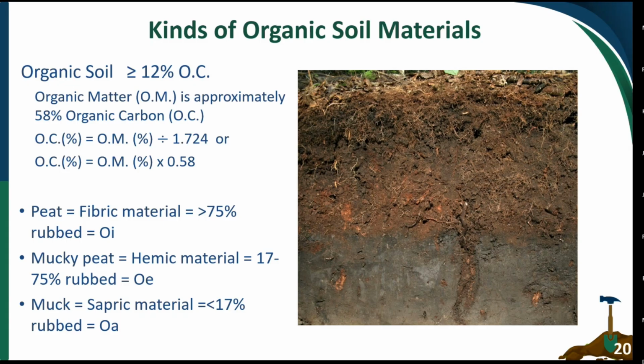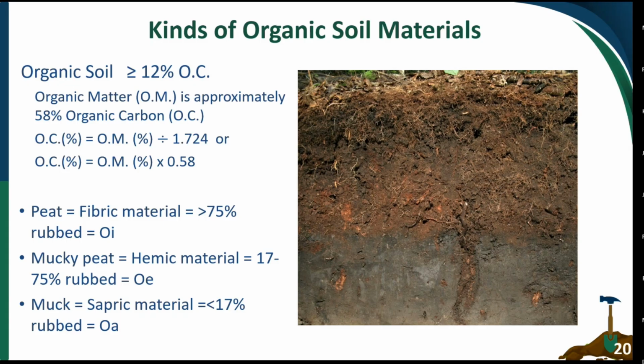They have little to no fibers left and are commonly very dark to black in color. The keys to soil taxonomy provide even more specific guidance on how to make organic material separations. The determination between peat, mucky peat, and muck is based specifically on the rubbed fiber content of the organic material.